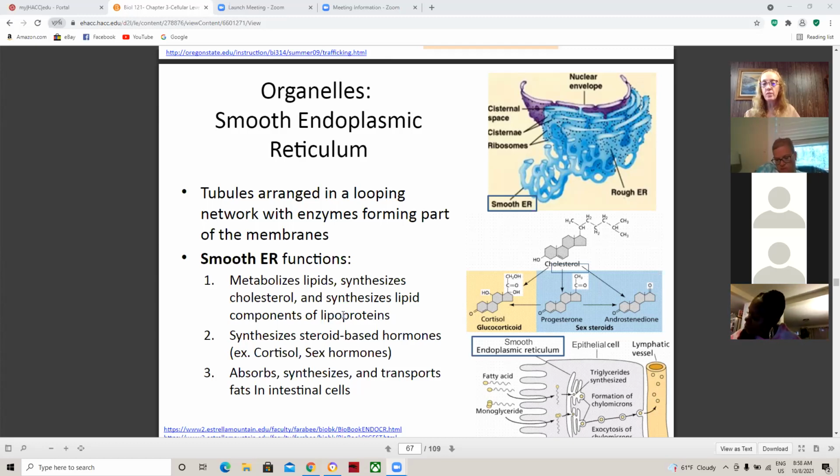Remember, this is a lipid protein complex. And all steroid-based hormones, so all hormones that are going to be created from cholesterol. It also absorbs, synthesizes, and transports fats in intestinal cells.